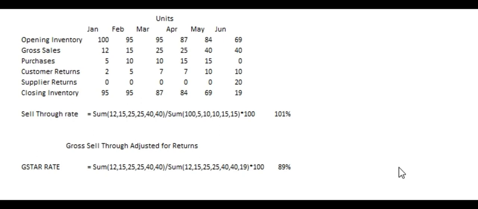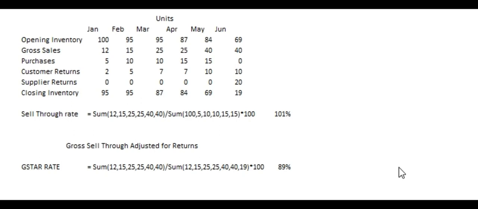Here we have inventory position of company X across 6 metrics like opening inventory, gross sales, purchases, customer returns, supplier returns, and closing inventory for 6 months starting Jan ending June.